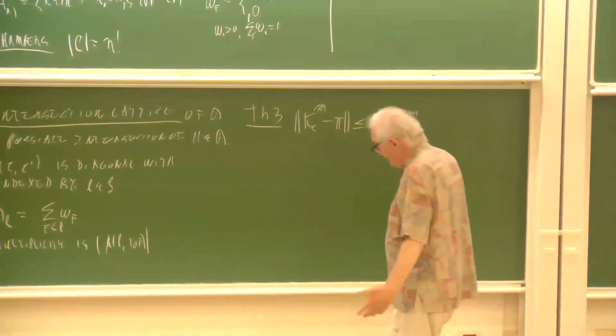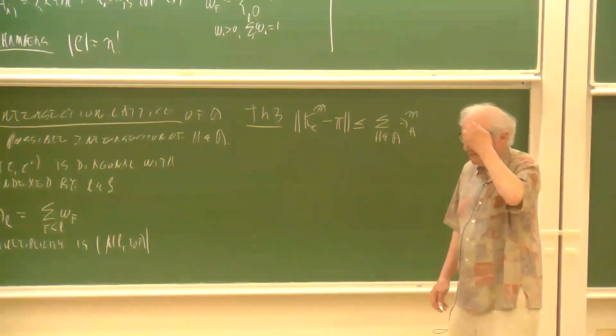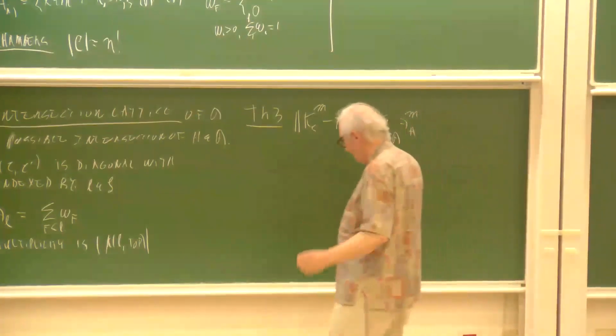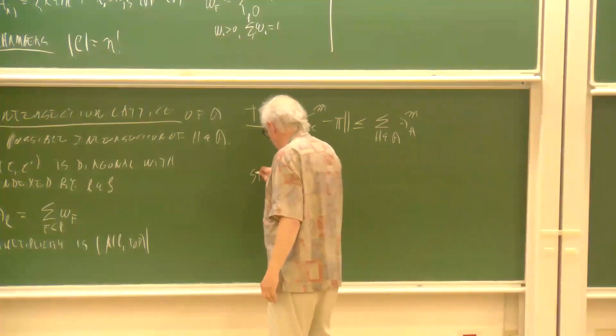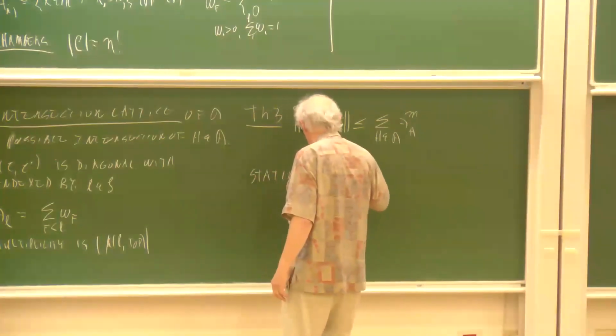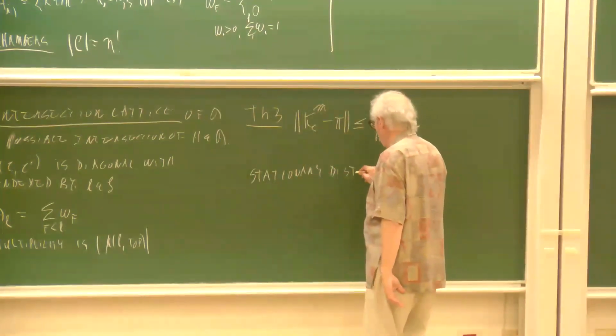So the last thing I want to tell you a little bit about in this particular part of the subject is the stationary distribution. That is the left eigenvector with eigenvalue 1.